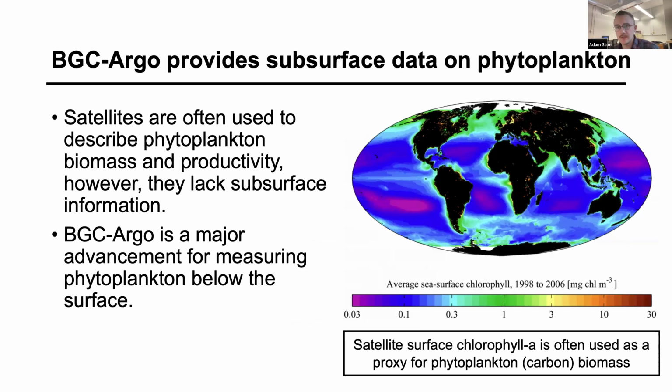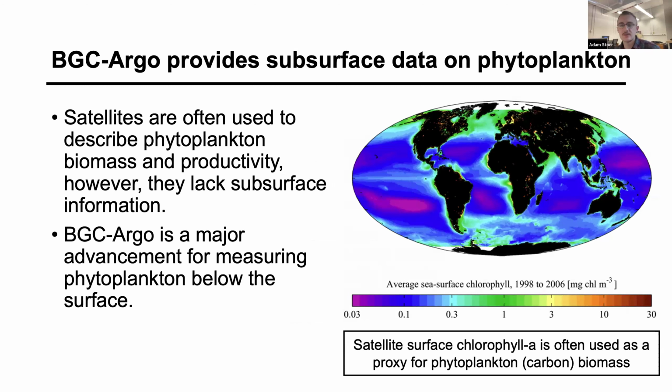With BGC Argo, the big benefit is that we can get at subsurface biogeochemical measurements, especially measurements relevant to phytoplankton, that will really help our understanding of the subsurface ocean.